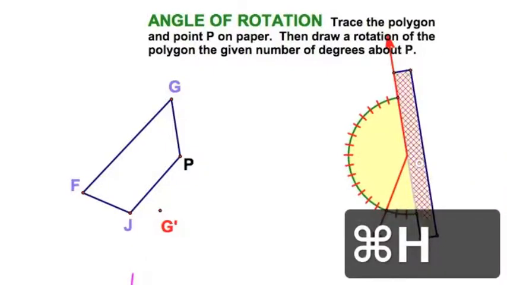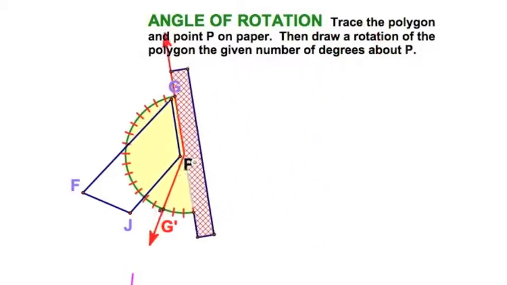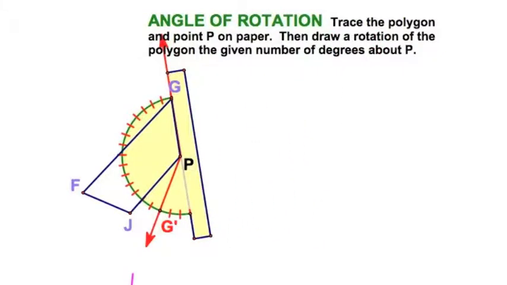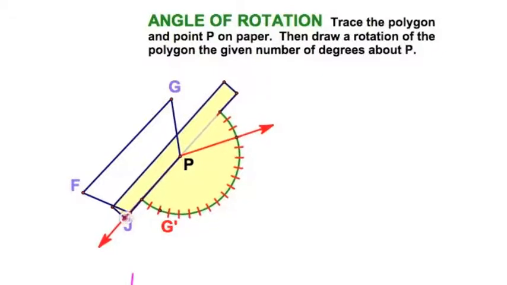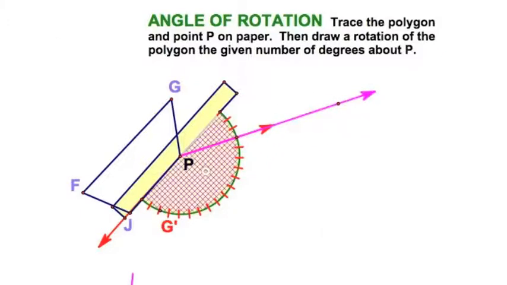Let's do it again. I'm going to go for the other easy one, vertex at P, and I'm going to line up with J here. And again, I'm going to mark out my 150-degree angle.